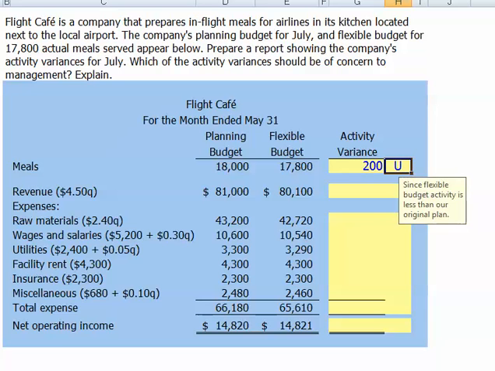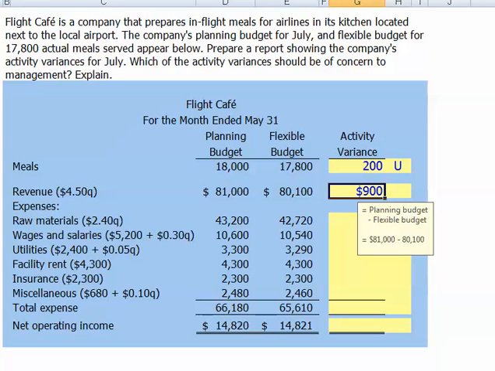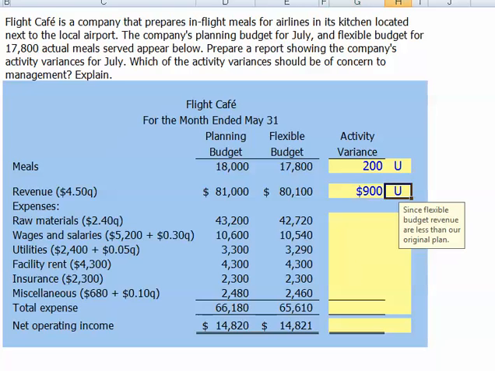Our revenue variance is $900. Our flexible budget amount was 900 less than we had originally planned, and we would say this is an unfavorable variance since our flexible budget revenues are less than our original plan. And this isn't surprising since we served fewer meals.